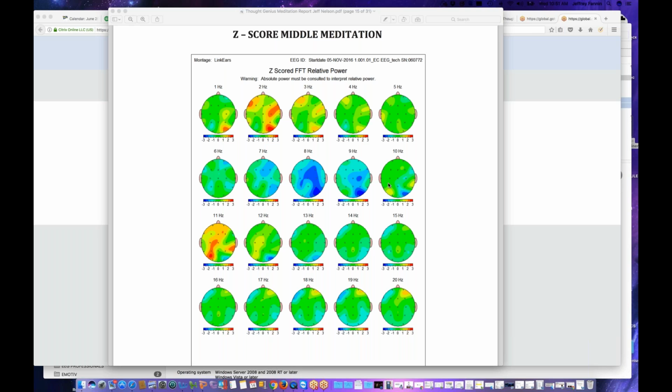Now, the second part of this deals with surrender. Now, that doesn't mean surrender your will or surrender your intention or surrender your desire. This is more about a state of being than a state of doing. It's important that we balance our being and doing, but if you have that intention or that desire and you put that out there, and then you begin to dimensionalize it, using all of your senses, try to make it as real as possible.